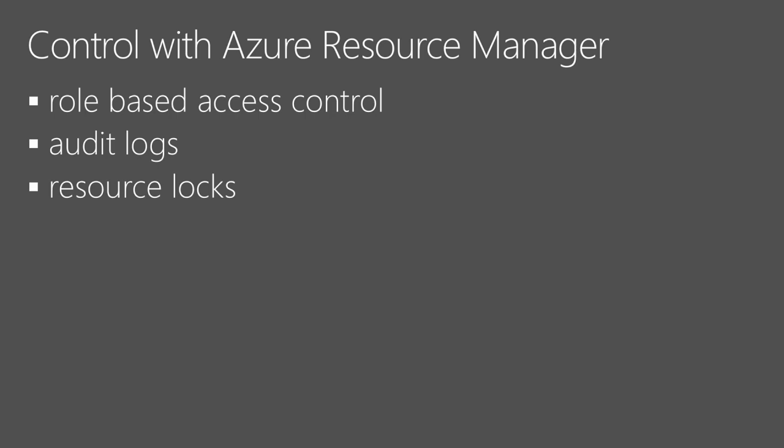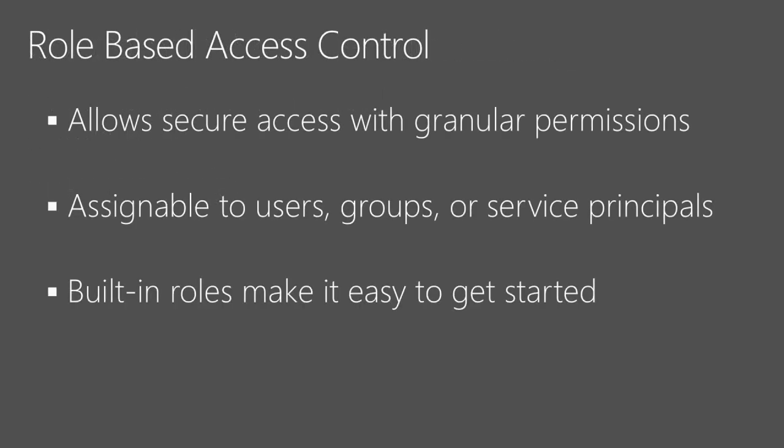Number one is role-based access control. This was the number one request for Azure on User Voice for about three years. It's there. Use it. We also have audit logs and resource locks. Let's go through some of these concepts. Role-based access control allows secure access with granular permissions to various resources.